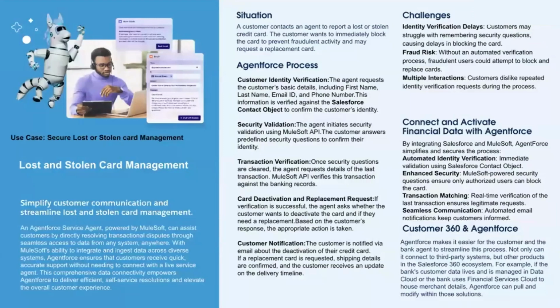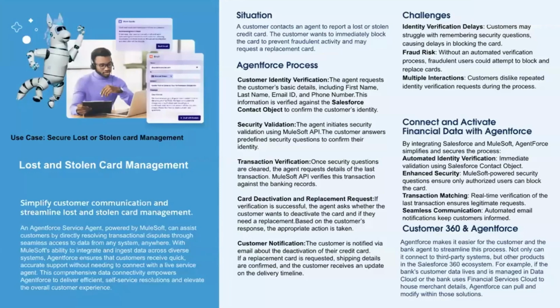So the process involved is that the agent requests the customer's basic details, including the first name, last name, and all the basic details. This information is verified against the contact to check whether the customer's identity matches.